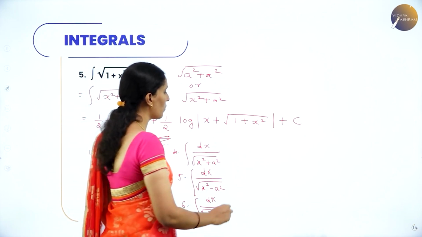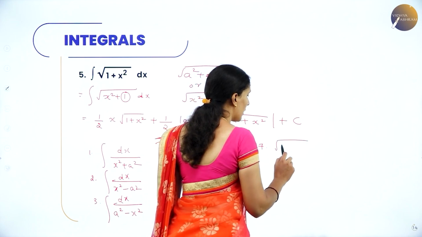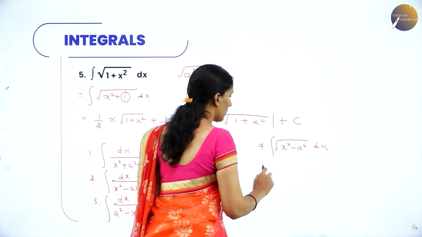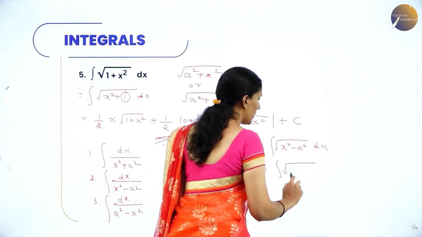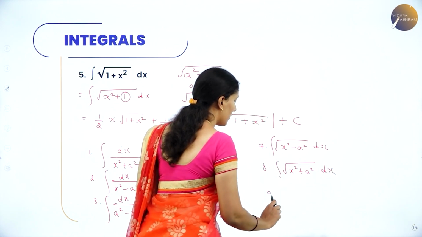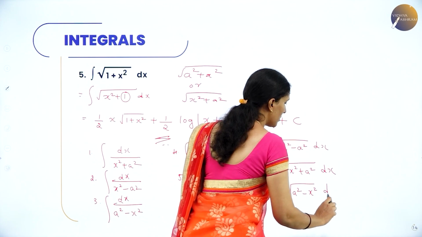So the other 3 are what we have discussed today, that is root of x square minus a square dx, root of x square plus a square dx and root of a square minus x square dx.